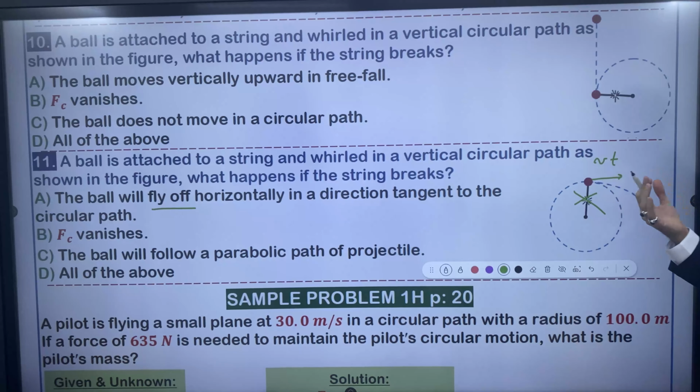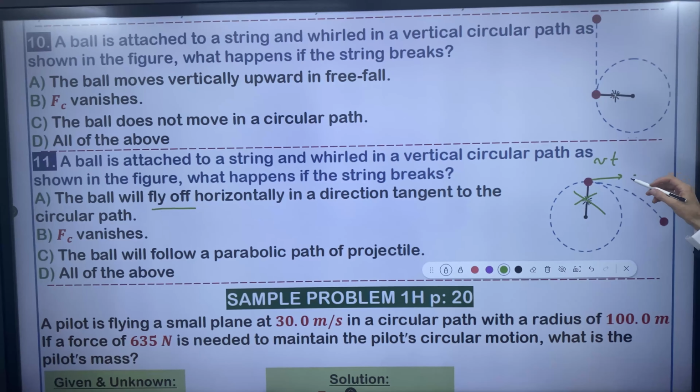It picks up tangential velocity, and inertia overcomes the tension, and after that it follows a parabolic path.